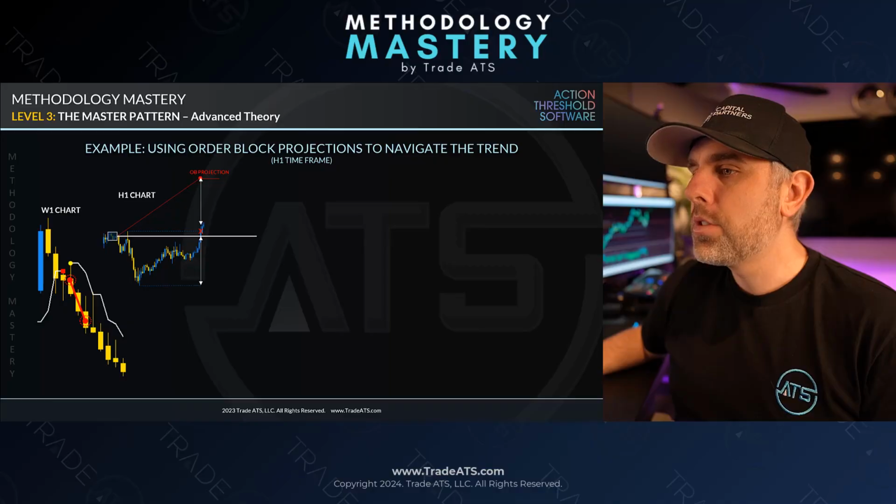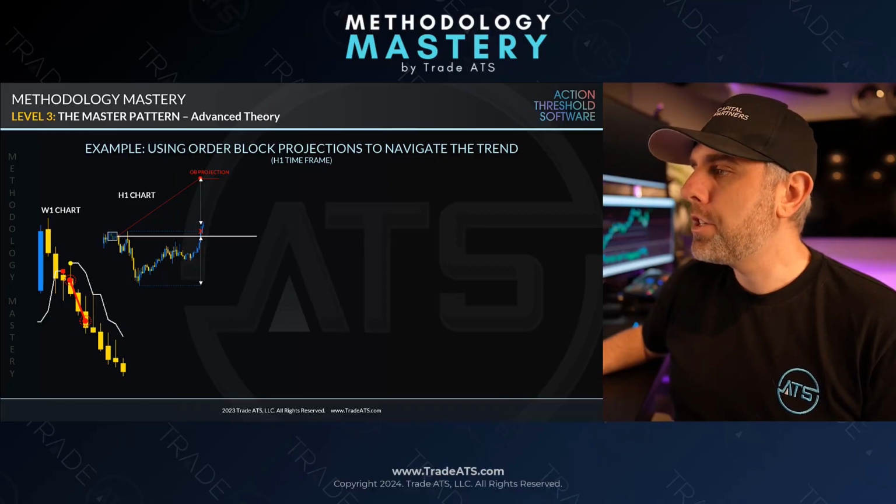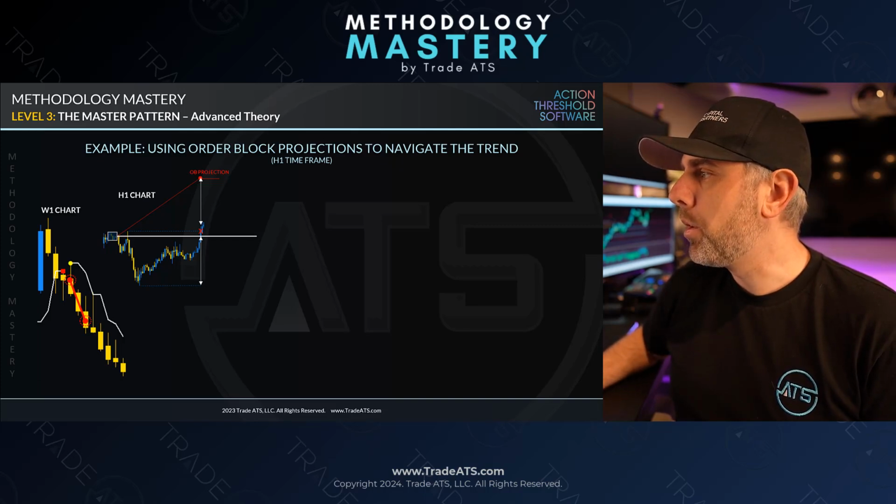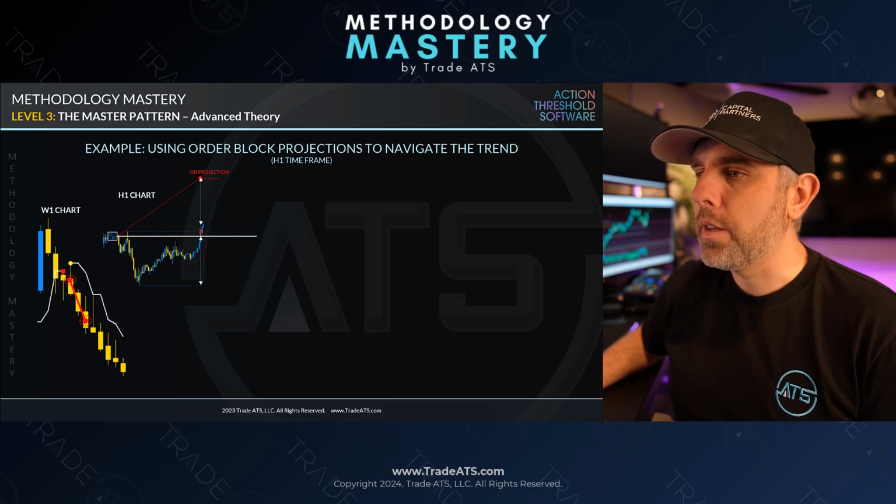Now, keep in mind, the higher time frame money is going down in this situation. The weekly is heading down, and this is a 1 hour chart. So from a basic strategy standpoint, we are now overvalued in a market that is declining. So let's keep that in mind as we keep going through this example here.